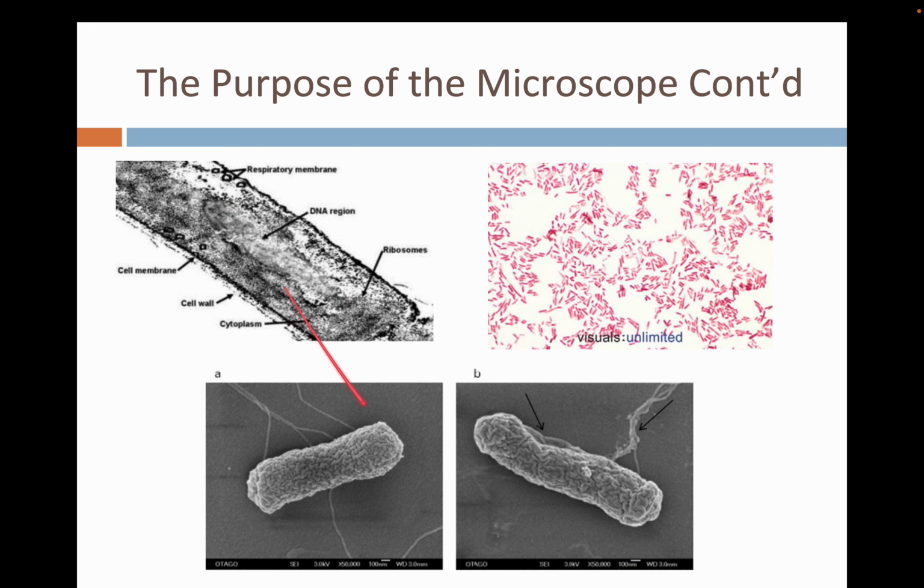Then the photomicrographs below show us SEM photomicrographs. Here you can't really see the inside of the cell, but what you are seeing is the topology, the surface appearance of a particular bacterial cell. You can see the outermost appearance.